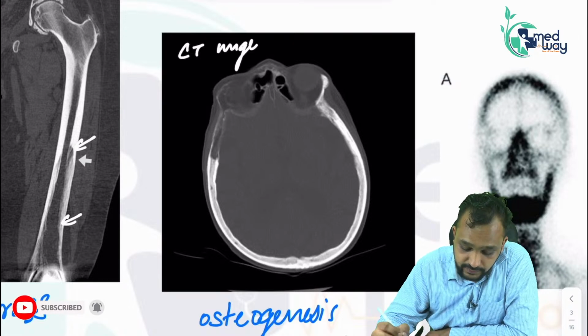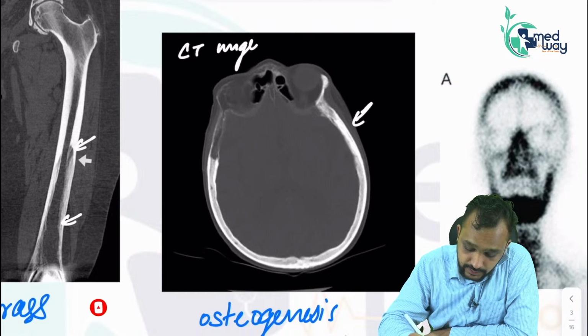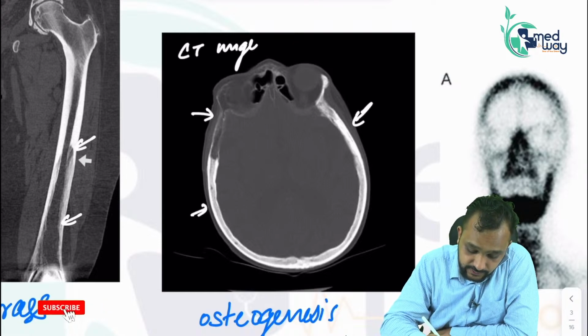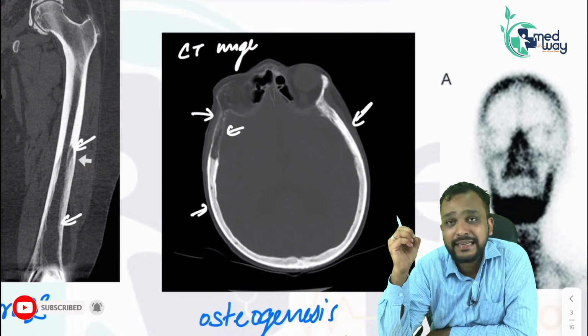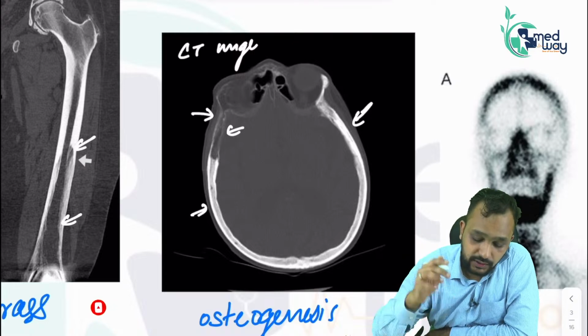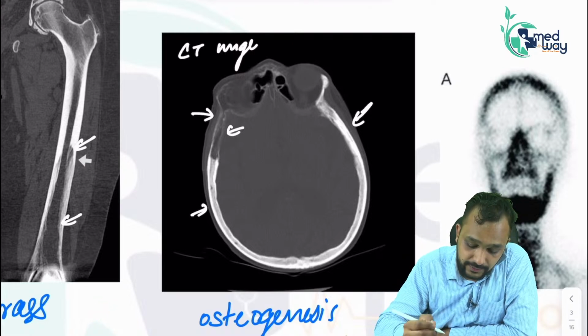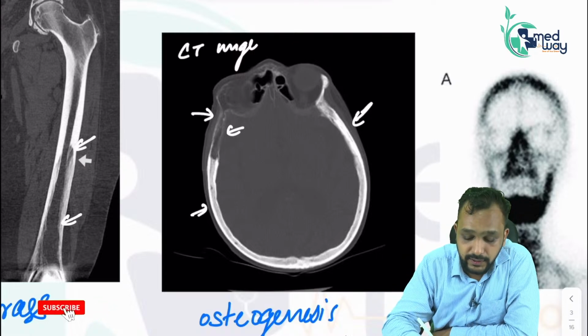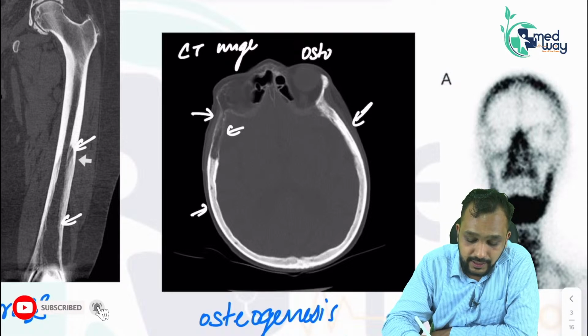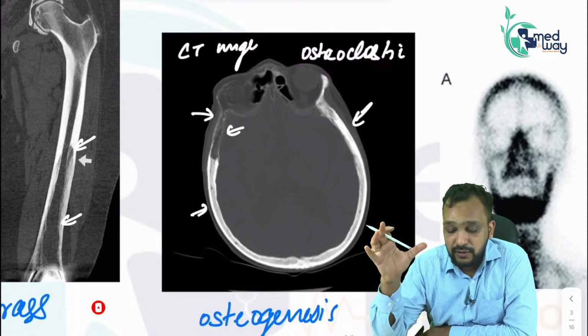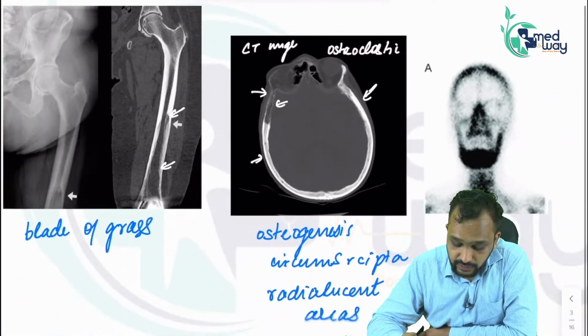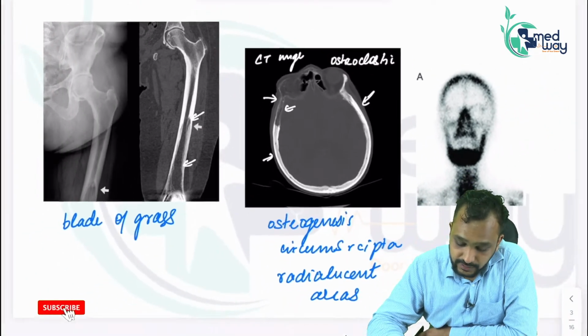And what we can see in this image is that this is the normal appearing bone, and here we can see the frontal bone, and it is appearing less dense as compared to the rest of the bone. This is because of the osteoclastic reaction that is happening here. So well defined radiolucent areas will be seen. This is known as osteoporosis circumscripta.